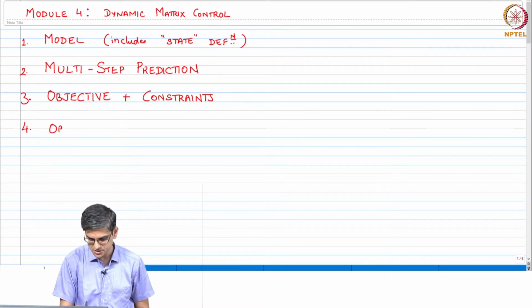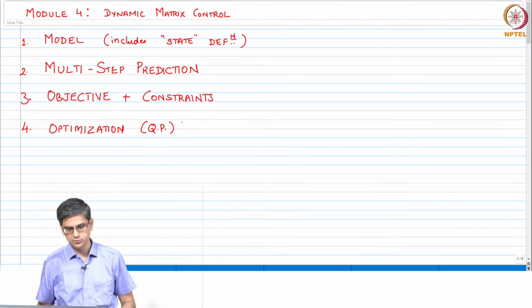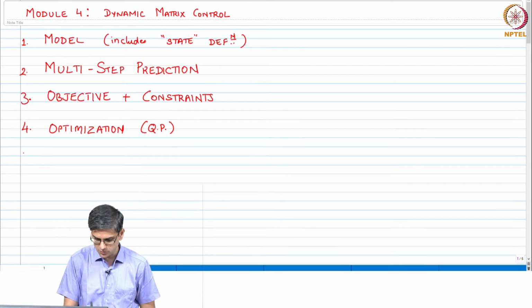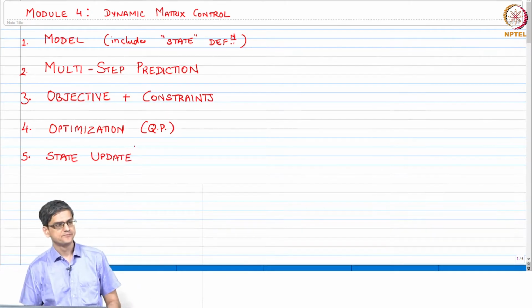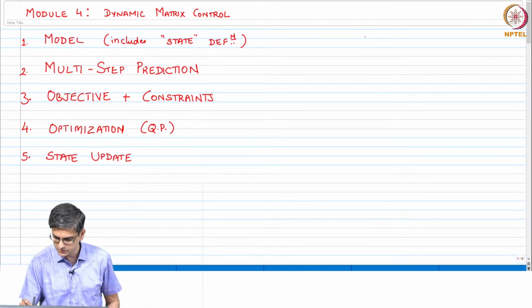For the optimization itself, I will mostly talk about quadratic programming, but I will also give a broader perspective, and then state update. So this is where we are, and then we will also talk about the overall picture.